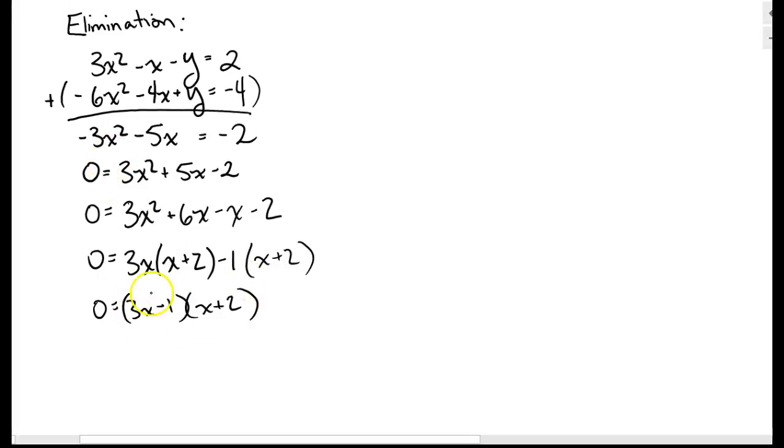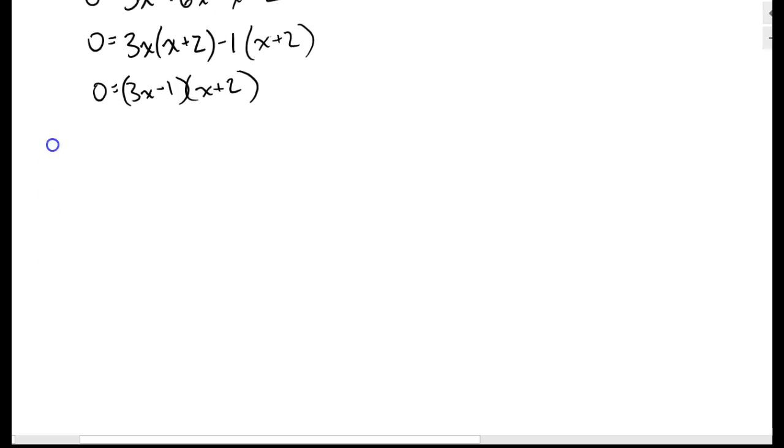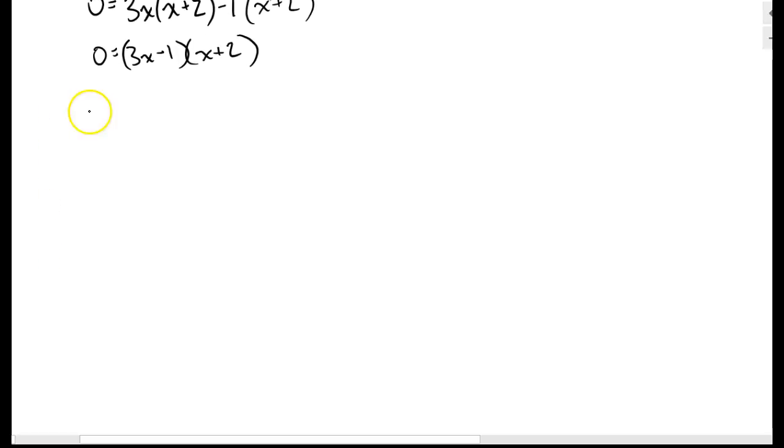I get my final answer of factored 3x minus 1 and x plus 2. Again, using this method, I'm going to take out the negative here to ensure that I get the same thing in both my brackets there. Once I've done that, I can tell you that my x values are going to be 1/3 and negative 2.